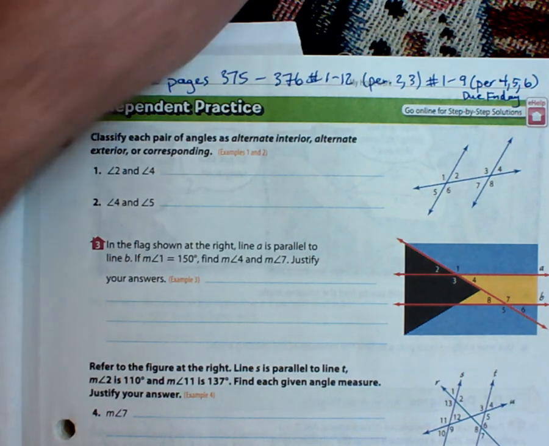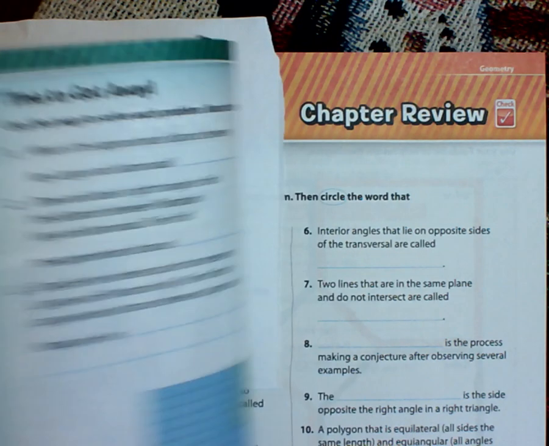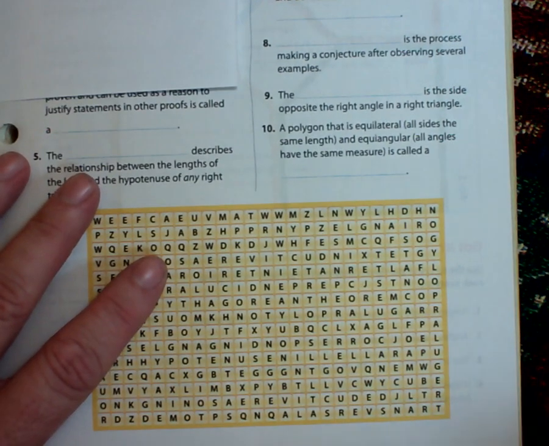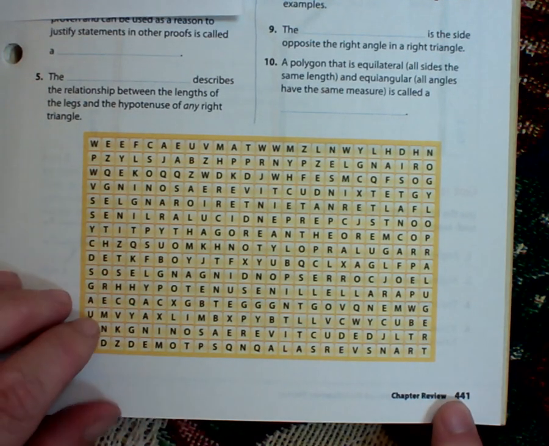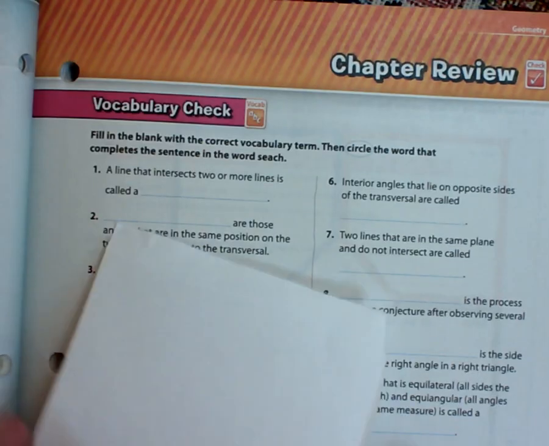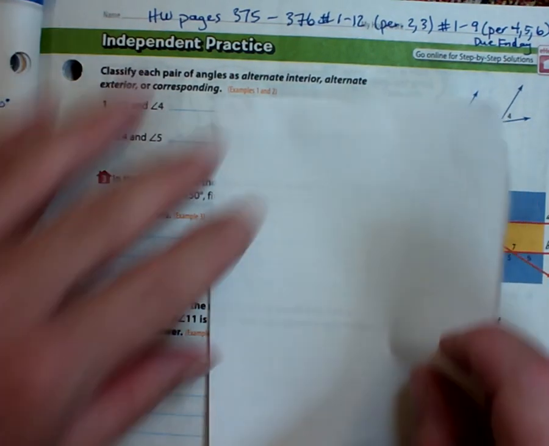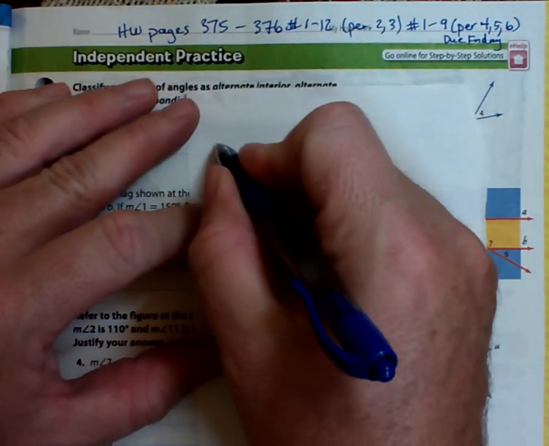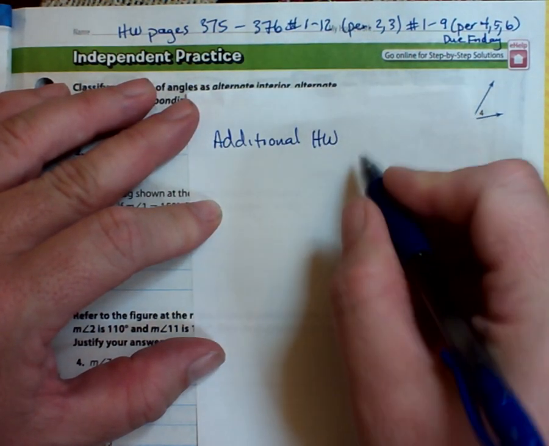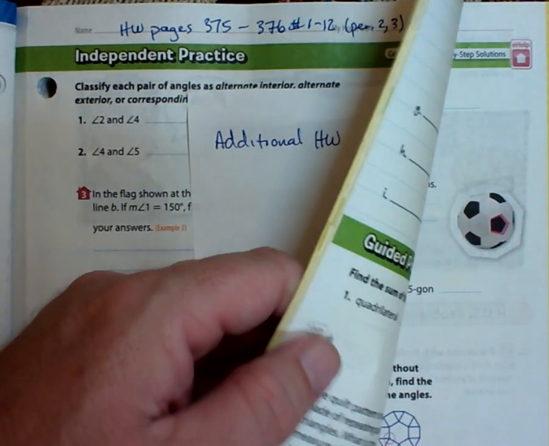Okay. You also have one other assignment that is also going to be due, and it is your chapter review, page 441. It's a vocabulary. It's going to be really fun. It's got a search in it and some other things. So additionally, additional homework. And this will be due later, I believe.